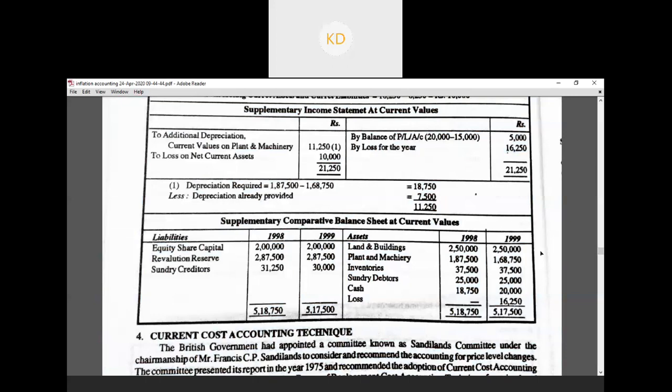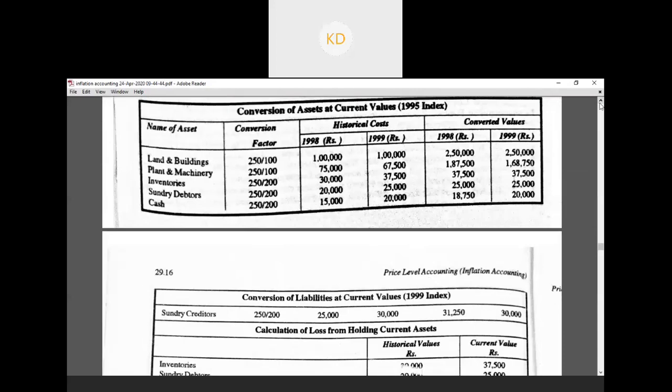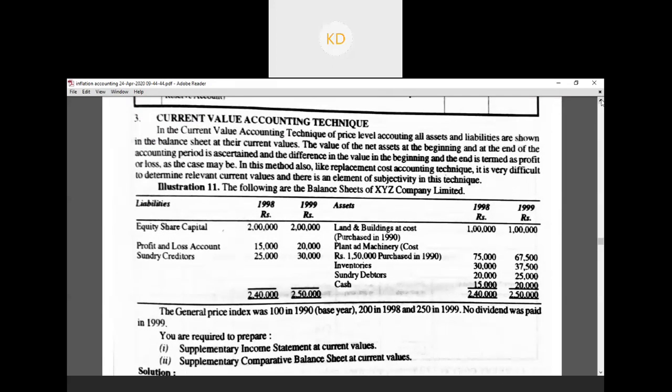This is basically my comprehensive income and comprehensive balance sheet. This is the supplementary income statement at current values and supplementary comparative balance sheet at current values according to inflation in our current value accounting technique, right?